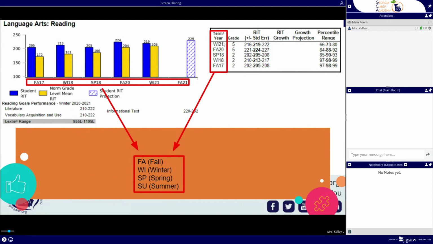Sometimes the district level is included, sometimes it's not. Over here, you can see WI stands for winter, FA is fall, SP is spring. There is an SU for summer, but we usually don't give out tests in the summer, so you probably won't see that. And then again, you have the bolded number in the center, with the range to the left and right.